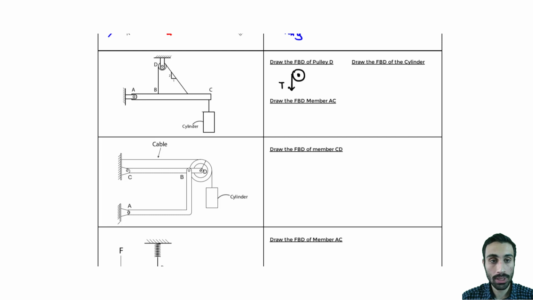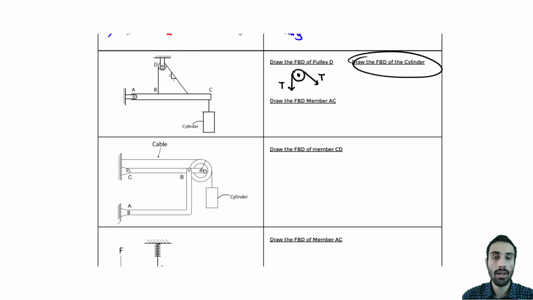This one is also a cable, but it's inclined, so it's also a tension force. And we know here it's a 1, 2, and you can find the hypotenuse with the Pythagorean theorem. The tension force is the same for a pulley. This tension is the same as that tension. So that's how you draw that for D.